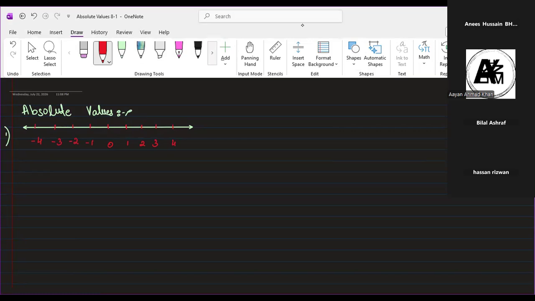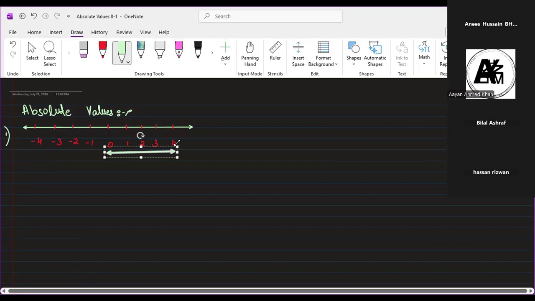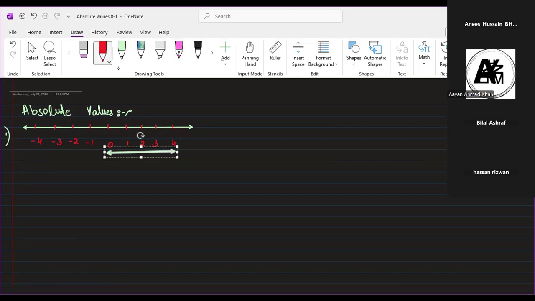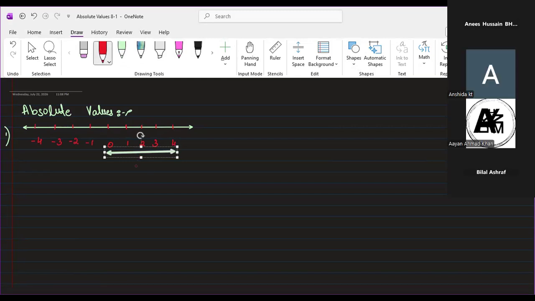If I ask you what is the distance between 0 and 4, can you tell me? 4 units. Exactly. So your answer would be simply 4 units.